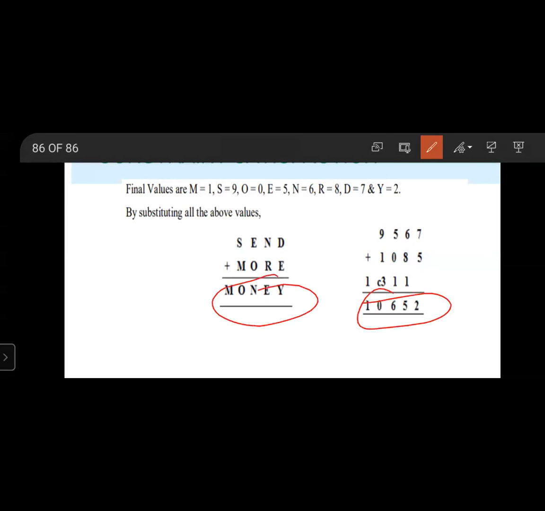SEND MORE MONEY is a very, very important topic. SEND plus MORE equal to MONEY. This is the example of constraint satisfaction.